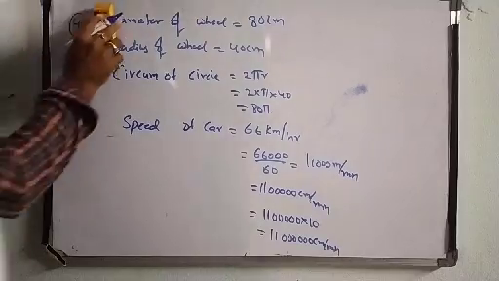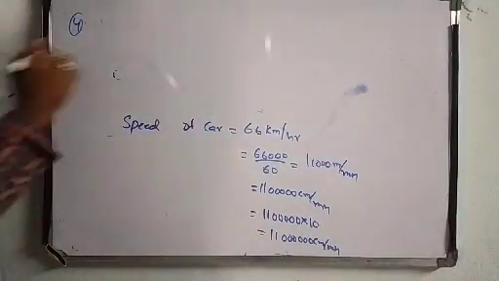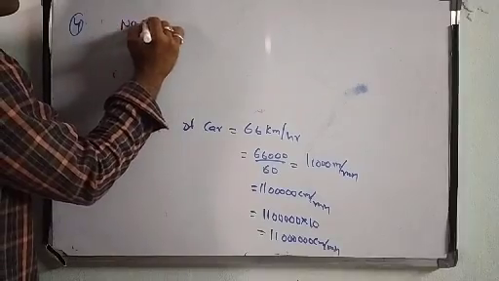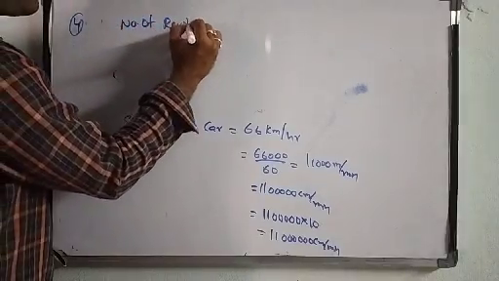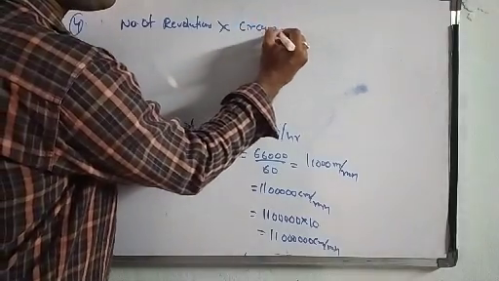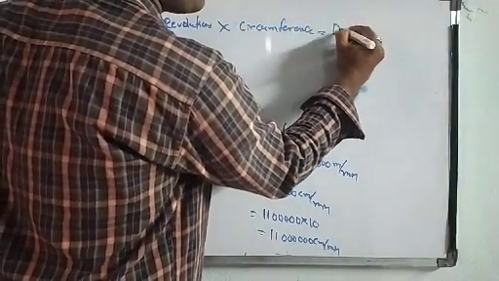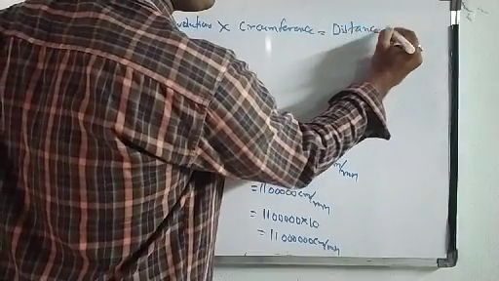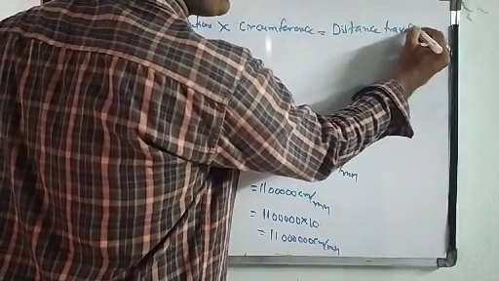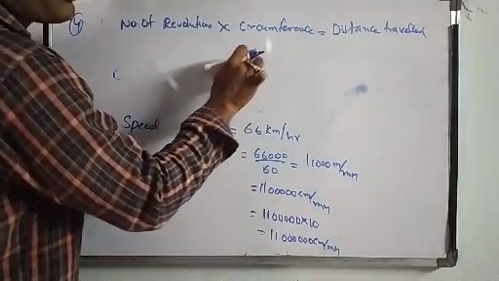Now as per the question, we can see that the number of revolutions or rotations, whatever it is, into the circumference will give the distance traveled. How much distance the car travels we can get from how many revolutions it makes with the circumference.